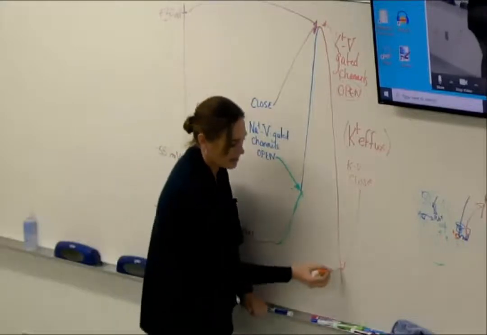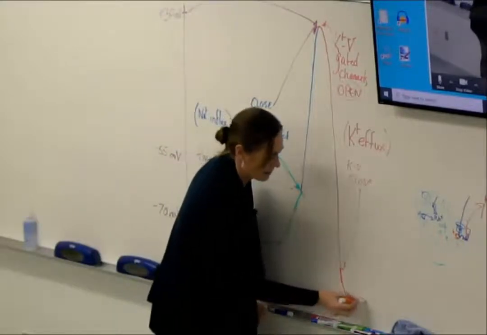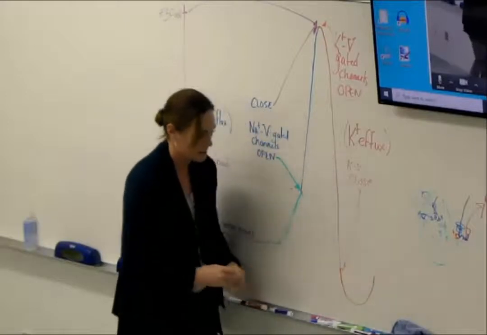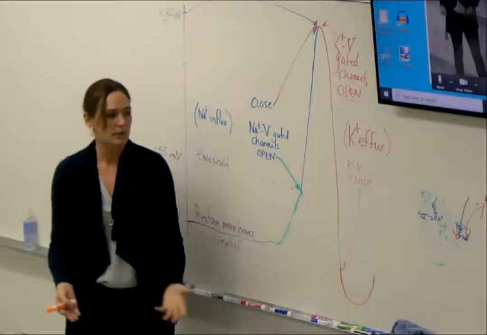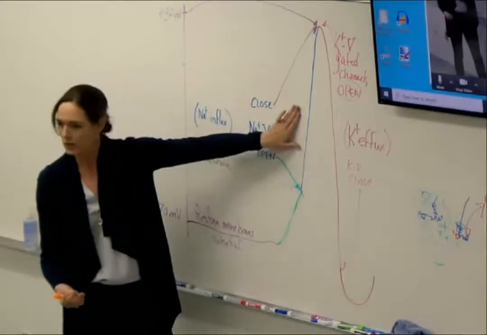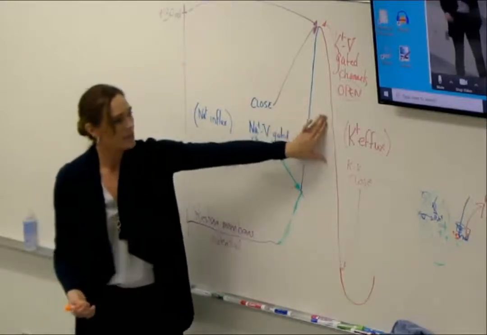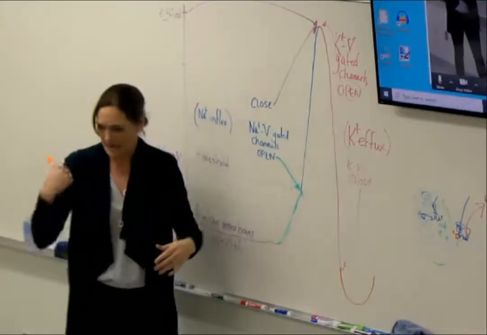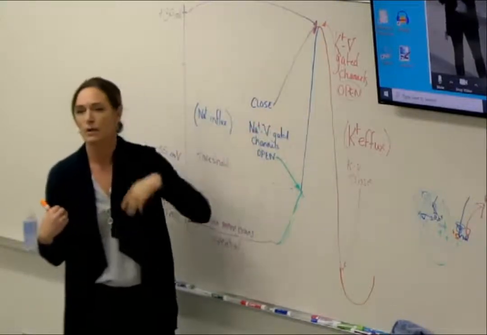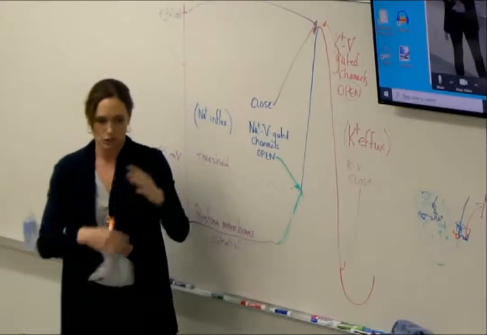And then we have this loop where we kind of pass minus 70 and we come back up. It is during this time that the pump says, hey, all the sodium that came in during this phase and all the potassium that left during this phase, let's get potassium back in and let's kick sodium back out. So we're going to do the exchange.